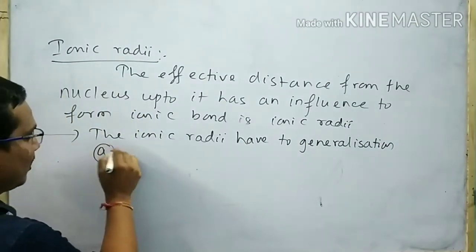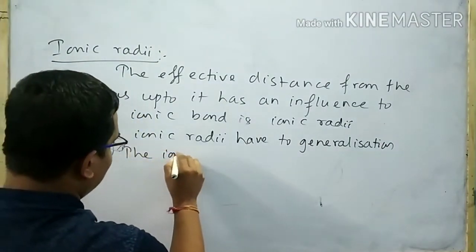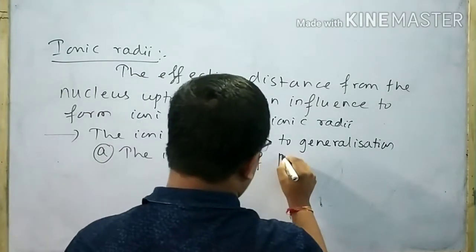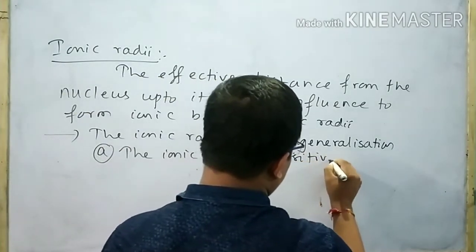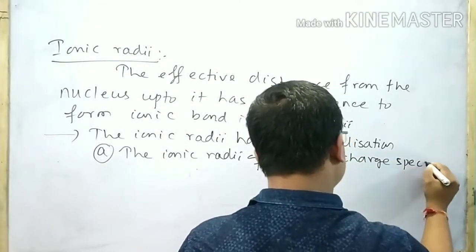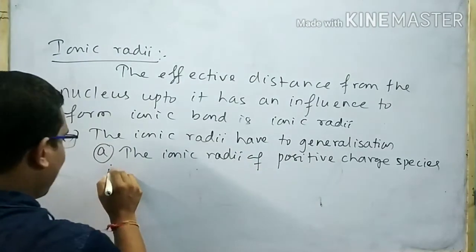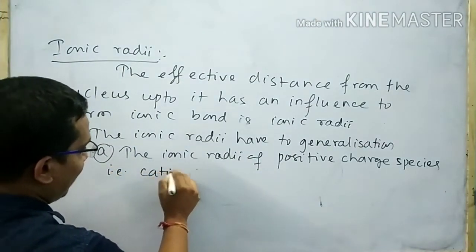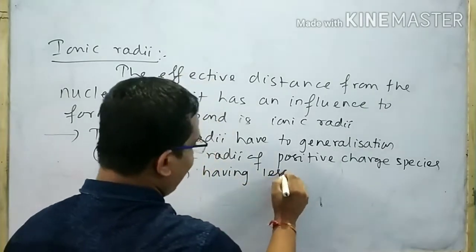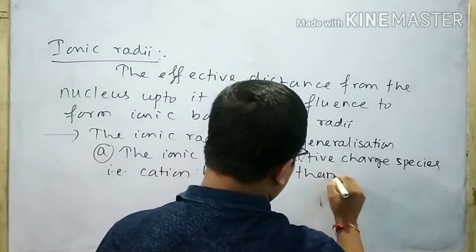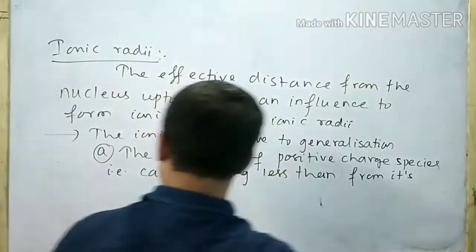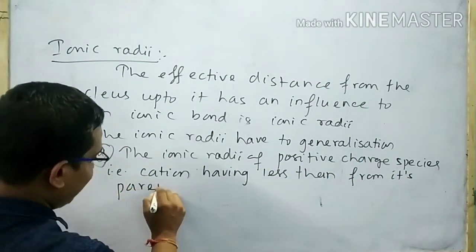Point 1. The ionic radii of positive charge species, that is the cation, is less than that of its parent atom.